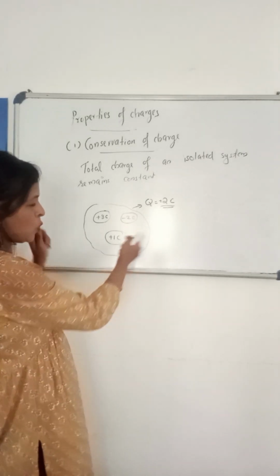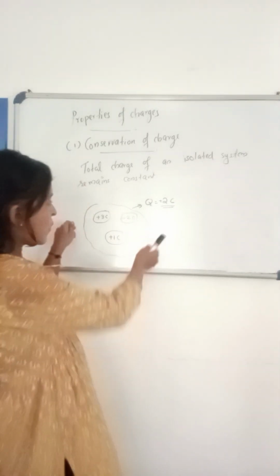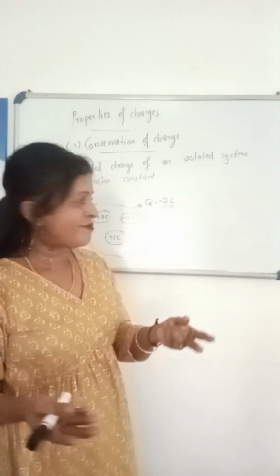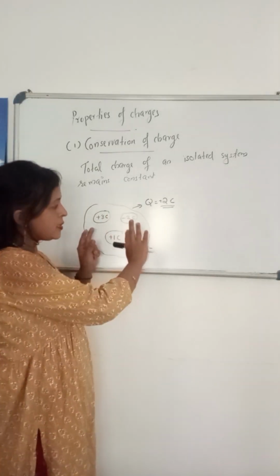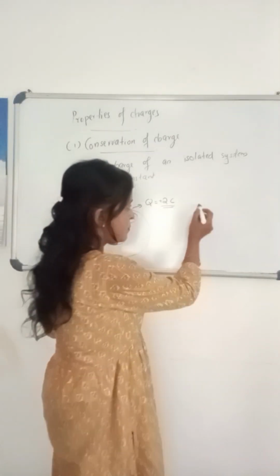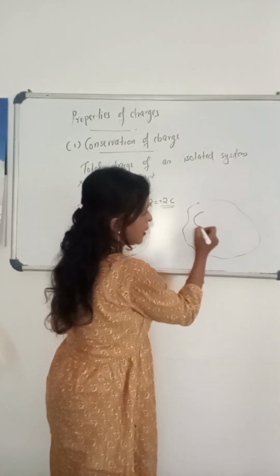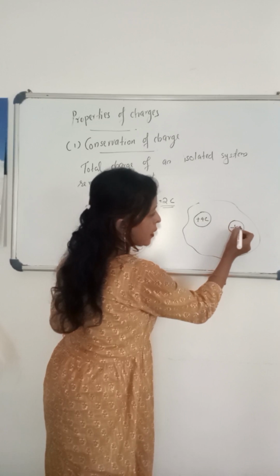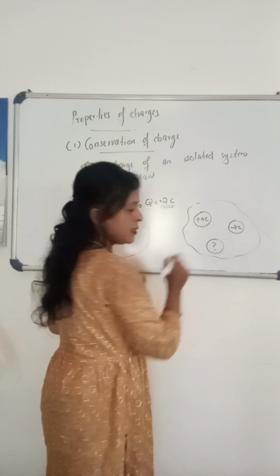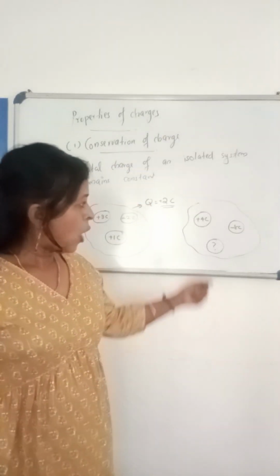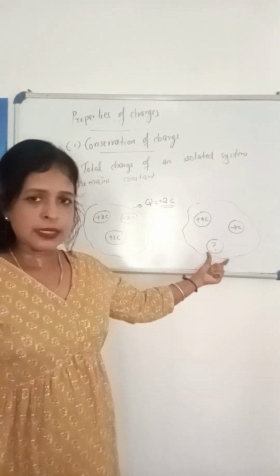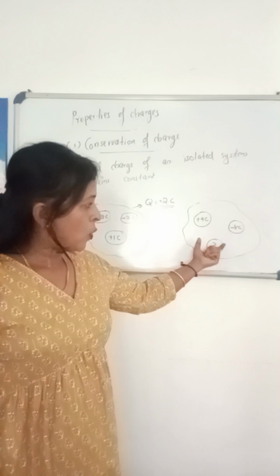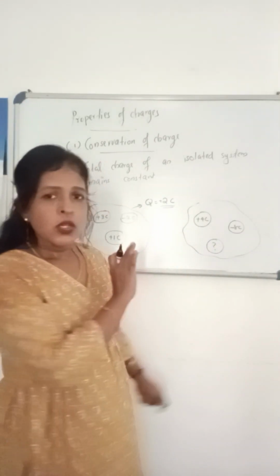Suppose I am shaking this system, and after the shaking, the charges accumulate in a different manner. Charges are accumulated here: plus 4 coulomb, and here minus 8 coulomb, and we don't know what this one is. So how can we find it? Another accumulation of charge is found, but we don't know its charge.